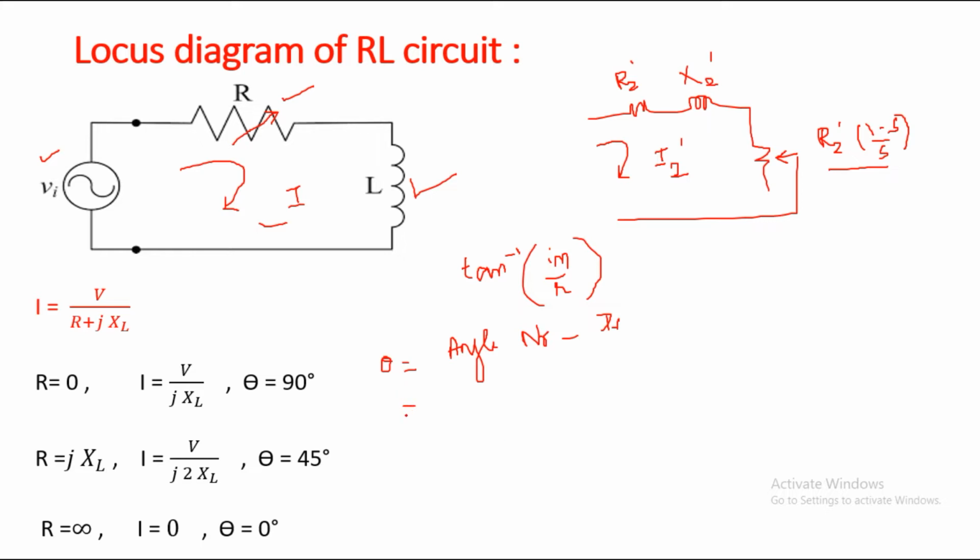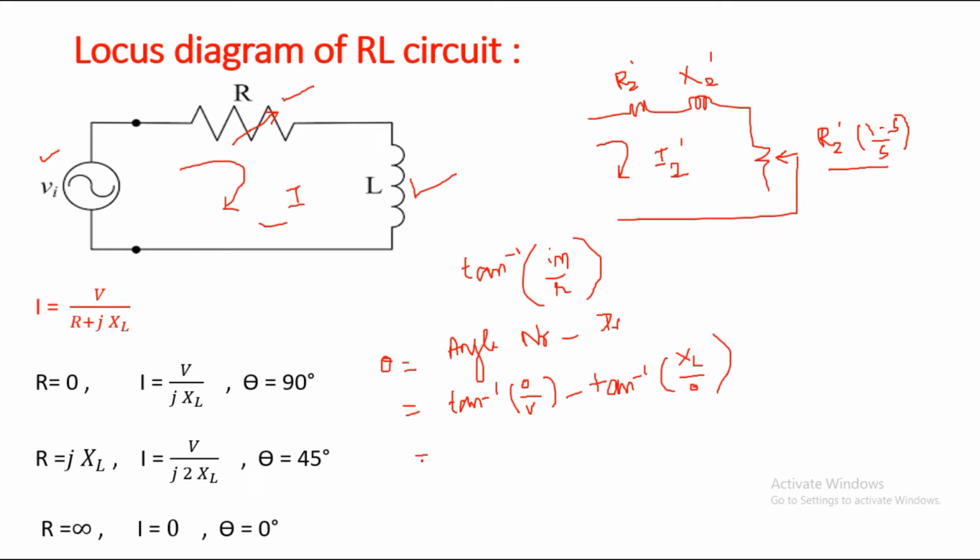In the numerator we do not have any imaginary part, so we can write the angle for numerator as tan inverse of imaginary value 0 divided by R. In the denominator we have only imaginary part, so tan inverse of imaginary value XL divided by 0.